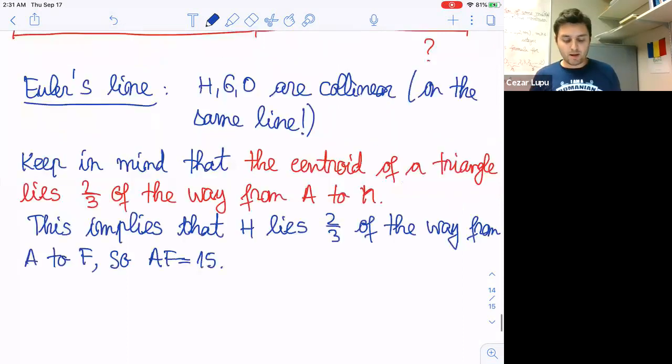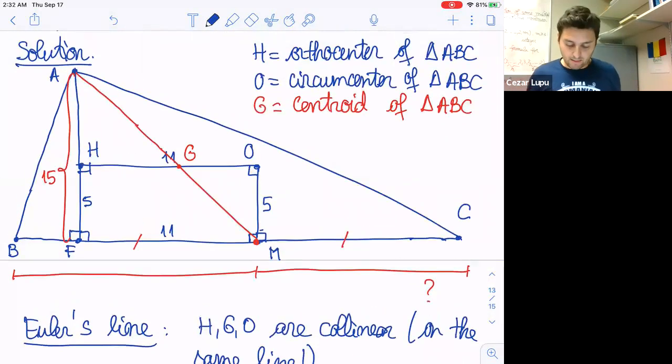So we're trying to compute as many lengths of all these lines as possible. So we have AF now. Now there is another thing that we need to observe here. So you see, we have this triangle here.